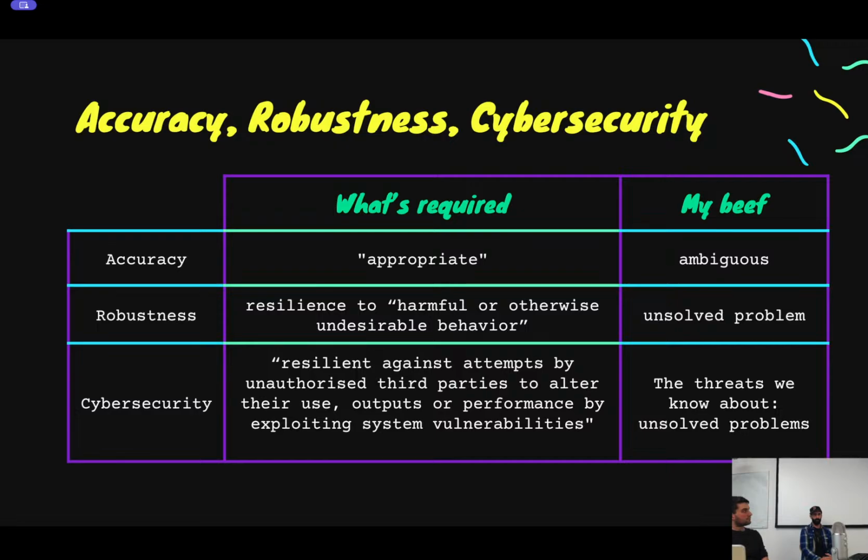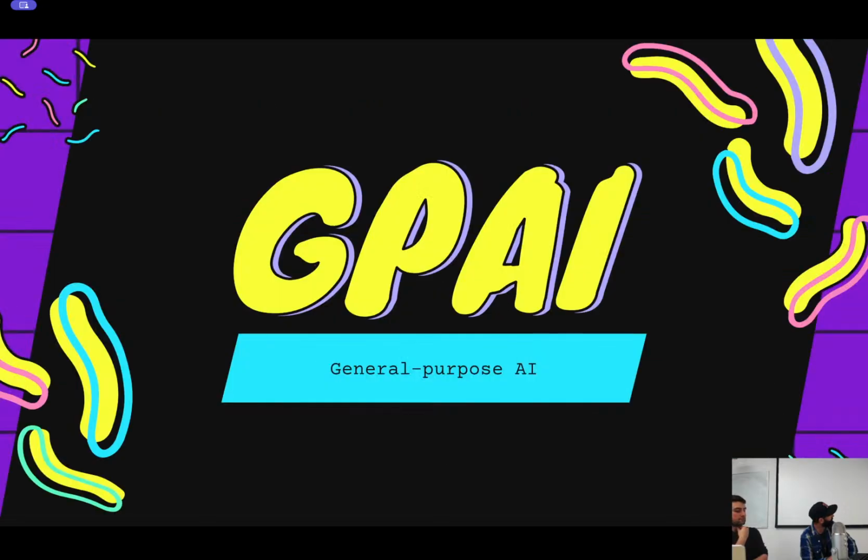You've probably seen all the work on jailbreak attacks, and data poisoning and some other attacks are still very much open problems, right? We haven't quite figured out cohesive defenses for them. So to require cybersecurity when some of these things haven't been solved is a thorny issue. So I'm keeping an eye on all this stuff.